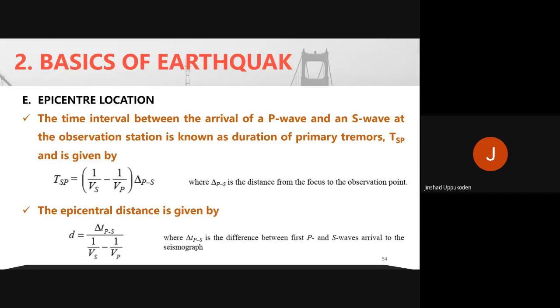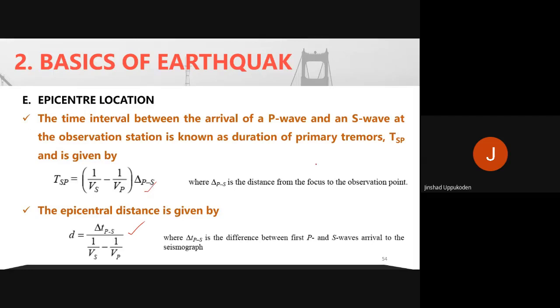So the epicentral distance D is given as delta TPS divided by 1 by VS minus 1 by VP. These equations are given in most textbooks. This is how we identify the location of the epicenter, meaning the distance.